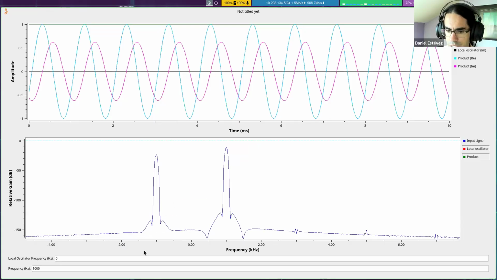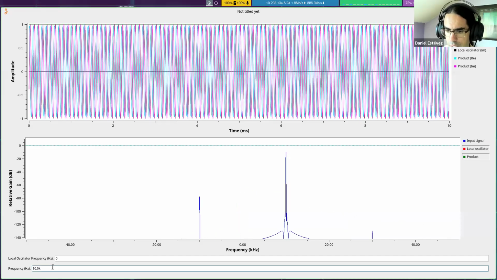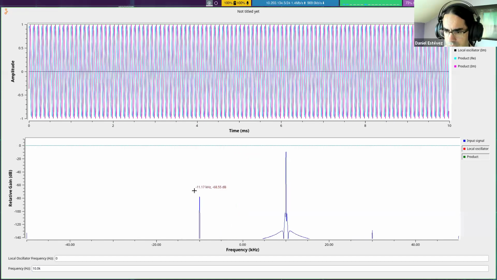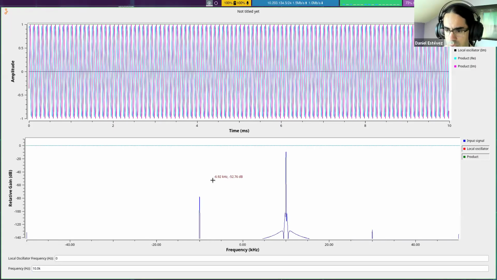The reason is that the frequency of the signal is pretty low. If we increase the frequency of the signal, the Hilbert filter does a better job. Now the positive frequency component is again at about minus 10 dB, and the negative component is at minus 78 dB pretty much. So this is a really tiny signal.